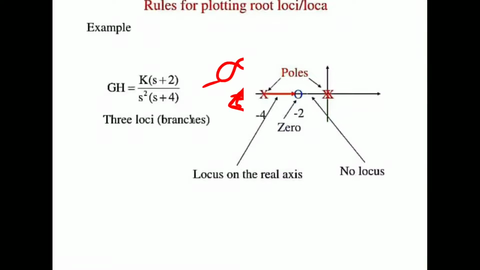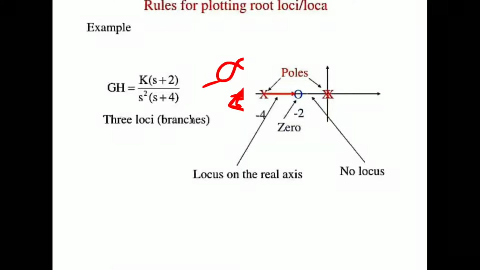If you consider this minus infinity, we have to look at the right side of it to decide whether the segment minus infinity to minus 4 is a part of root locus or not. So just concentrate on the number of roots on the right side.